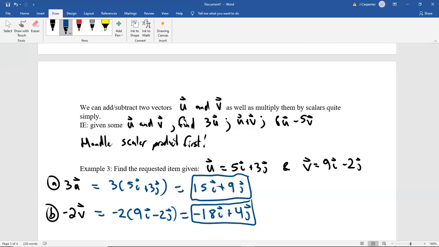So this vector for b would be twice as long as the original v, but it would also point in the opposite direction. And you could certainly draw these up, and starting at the origin would really help you to illustrate that fact. If you drew v going right 9 and down 2, then you could draw the negative 2v, which would go left 18 and up 4.